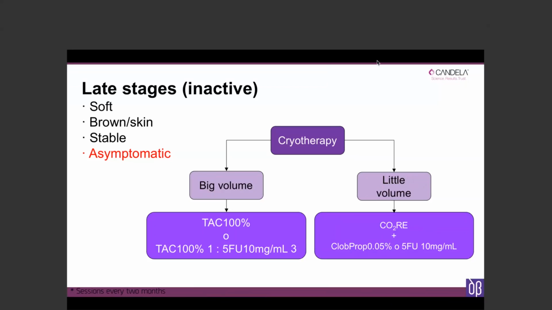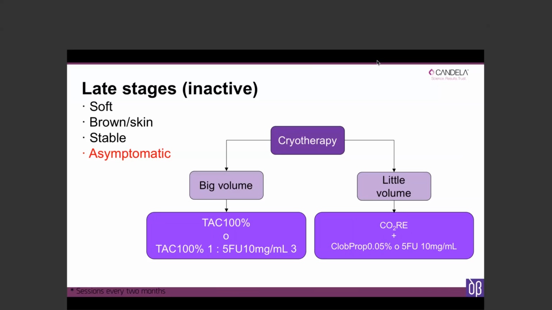If it does not cause any itch or pain, then it means this keloid is in its late stage. It is normally also soft, it's brown, or it has the normal hue of the skin, and it's stable. So the patient says it's not growing or it's not causing any symptoms in the last few months.